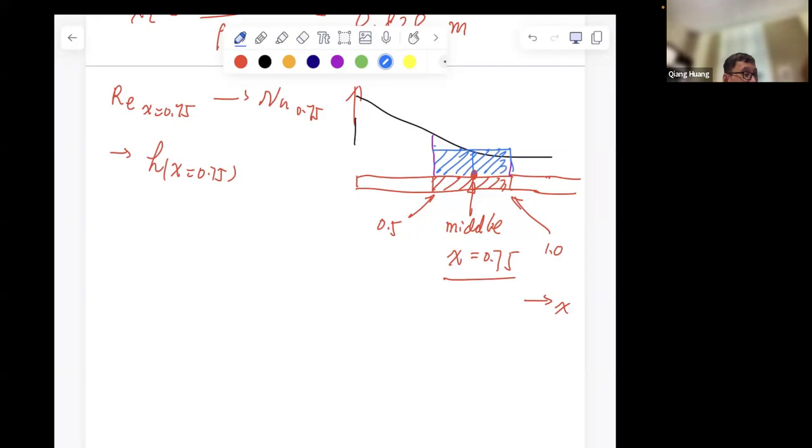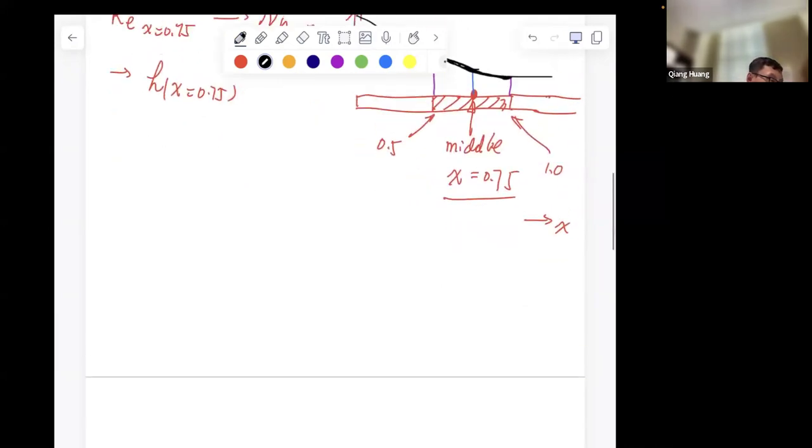This rectangle is close to the purple shape, and these two cases are similar, not too far from each other. The reason is that the black curve is a monotonic function, which can be approximated as a line.